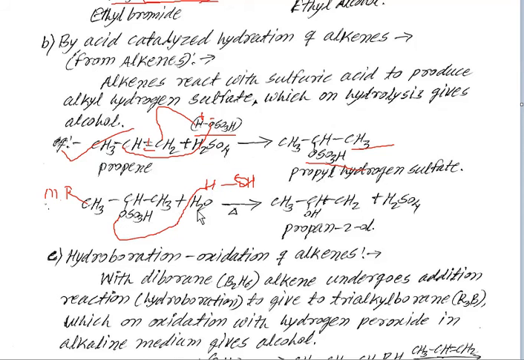So these first combine to each other and we get H2SO4, and then the OH group is attached to that carbon atom, and we get propan-2-ol. That is the preparation of alcohol by acid catalyzed hydration of alkenes.